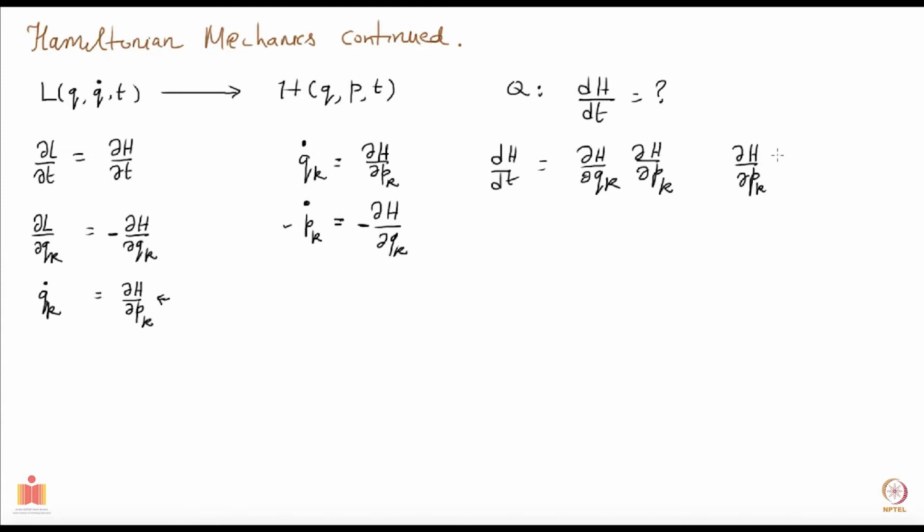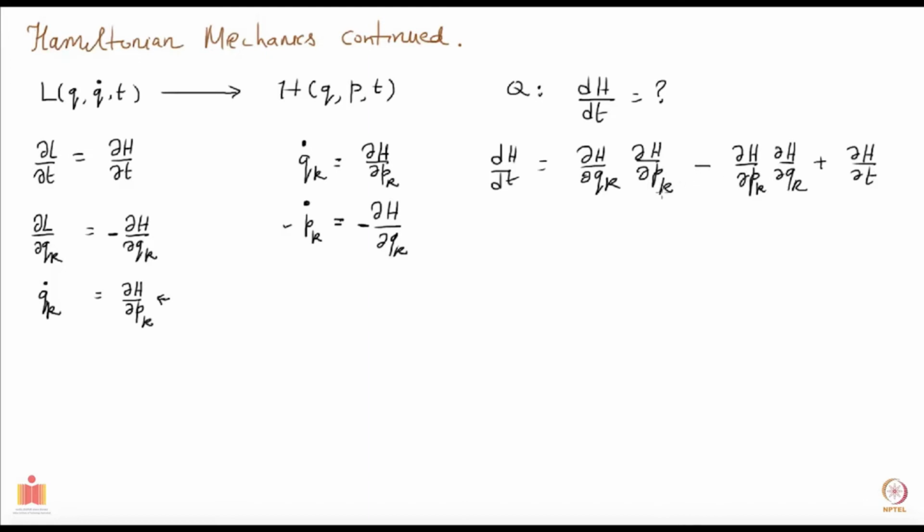And then you have a pk dot here, but pk dot is minus ∂H over ∂qk, so I put a minus here, ∂H over ∂qk, and then the third term will be the partial derivative of H with respect to time, because your Hamiltonian could in principle depend explicitly on time.